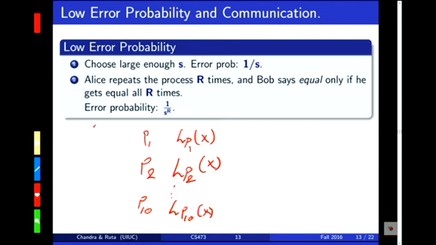So this is what Alice did. What if Bob just checks H_P1 of y equals H_P1 of x?